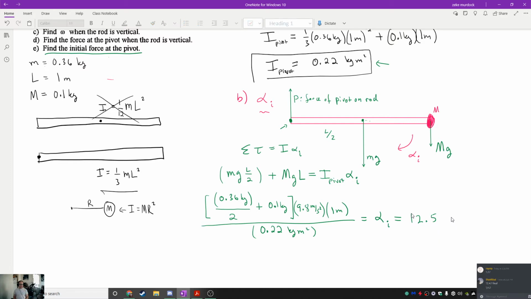Yeah, 1 over second squared. So basically, we just end up getting inverse second squared here, right? That's what's left over. Kilogram, kilogram cancel. Meter times meter cancels. We're just left with 1 over second squared.